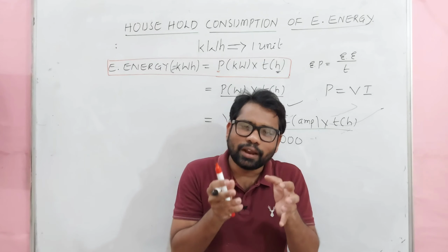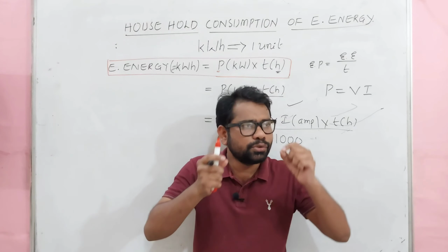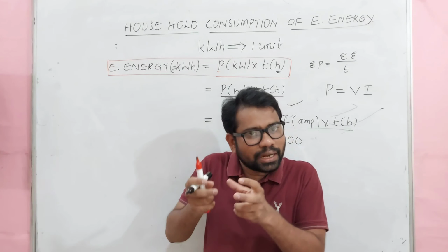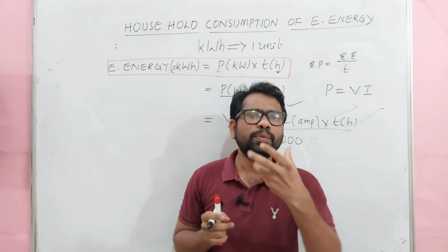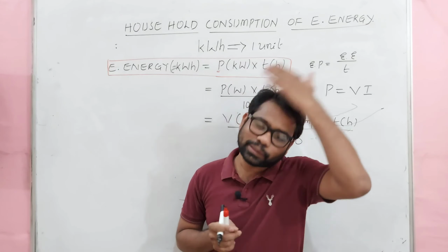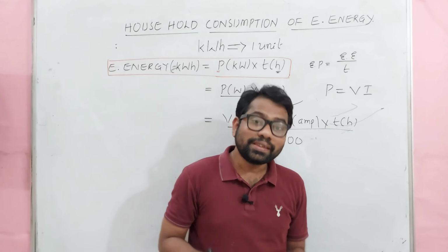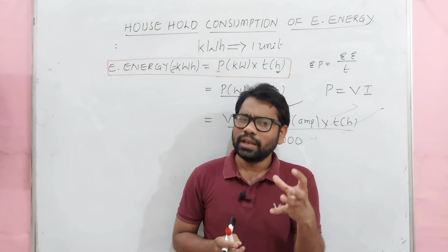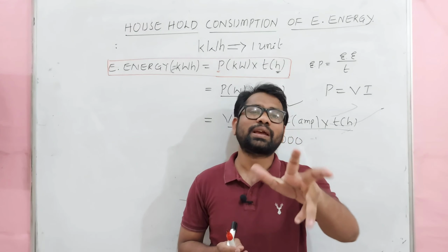Different electric appliances are operated for different times. You may use a fan for 1 hour, a TV maybe 4 hours, and a refrigerator works maximum the whole day. A geyser you will use much in winter, and an AC you will use much in summer. So that is the difference. Different electrical appliances with different powers are used for different timings.